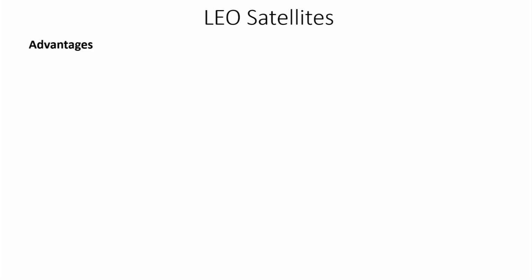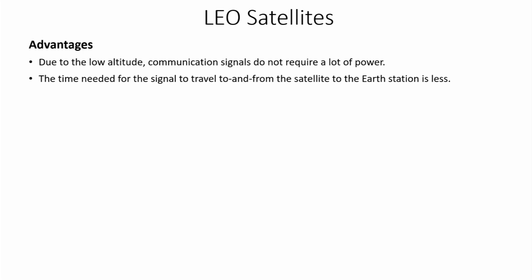What are the advantages of low Earth orbit satellites? Because of the low altitude, the path loss of the signal is lower, so the signals do not require a lot of transmitted power. The time needed for the signal to travel to and fro between the satellite and the earth station is also less.